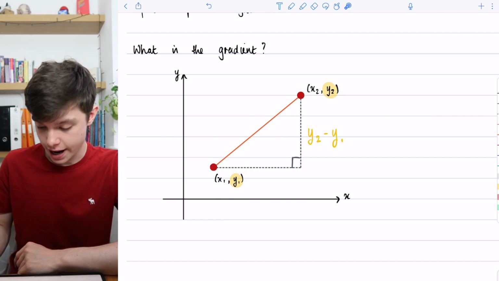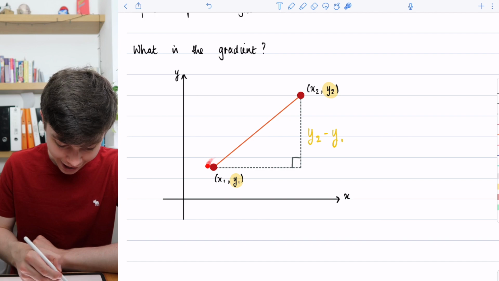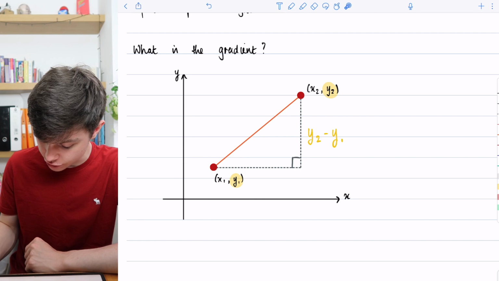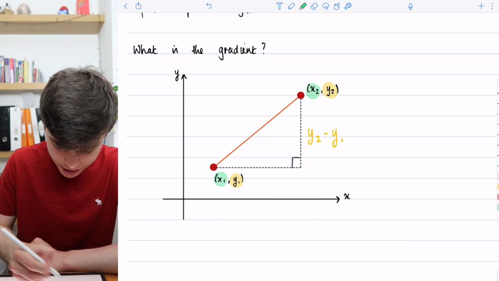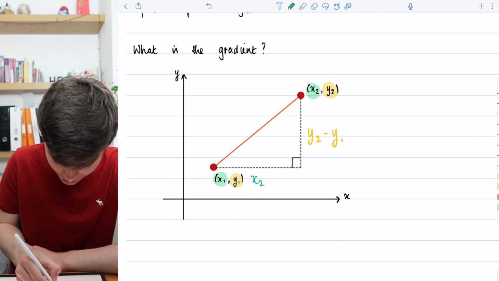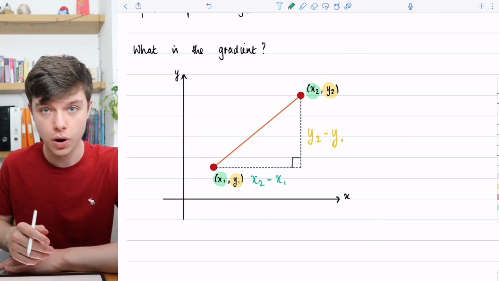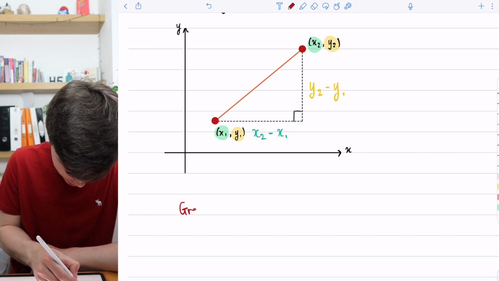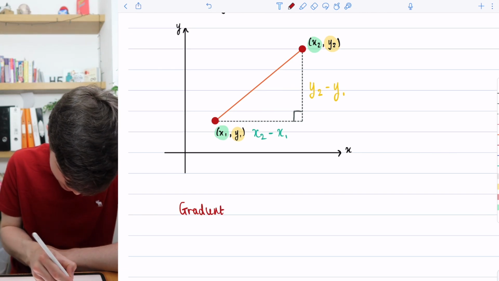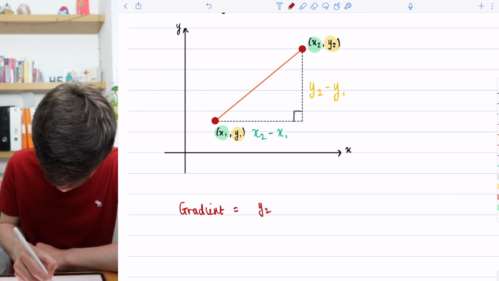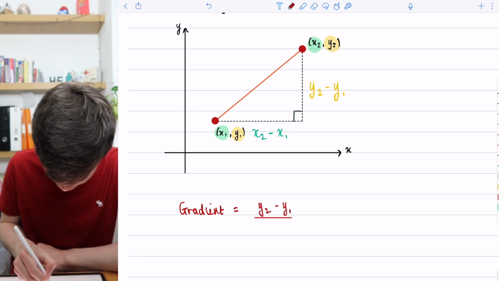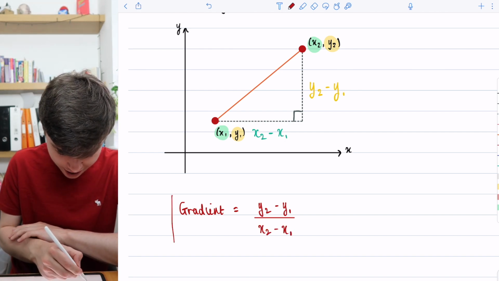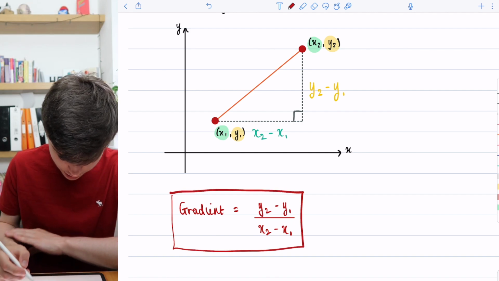And then the horizontal change, well, we started off at x1 and we're now at x2, so to work out that difference, we'll highlight those in green. To work out that, we'll do x2 minus x1. Okay, and then to work out the gradient, we'll do this calculation. The gradient is y2 minus y1 divided by x2 minus x1. That is how we work out the gradient.